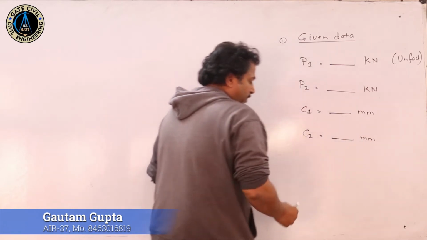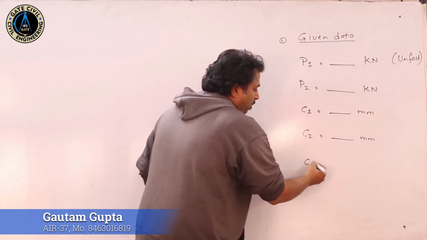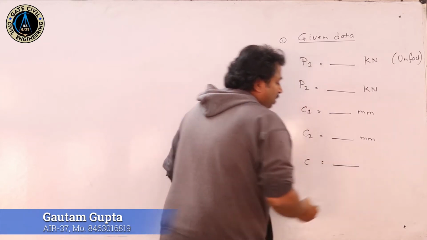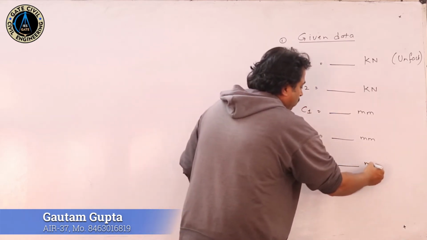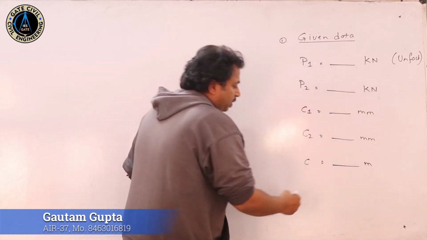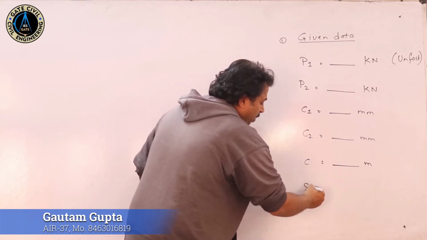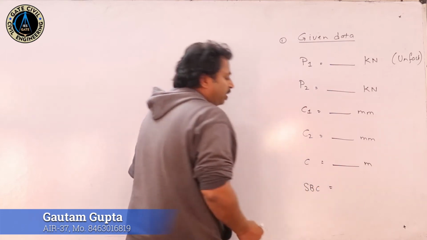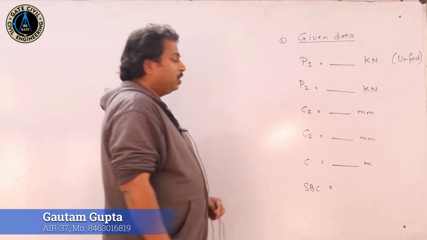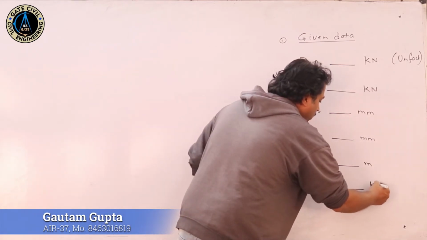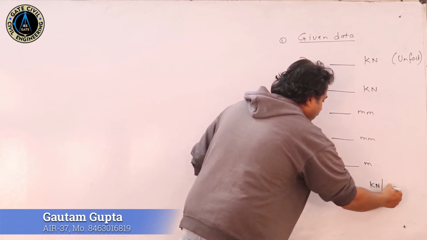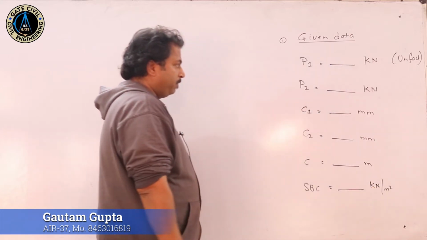Okay. Now P1, P2, C1, that is the column size, generally given in mm, C2, column size 2, generally given in mm, then small c, the center to center distance between the columns, generally given to you in meters, then SBC, that is the soil bearing capacity. The soil bearing capacity is given to you in kilonewton per meter square.